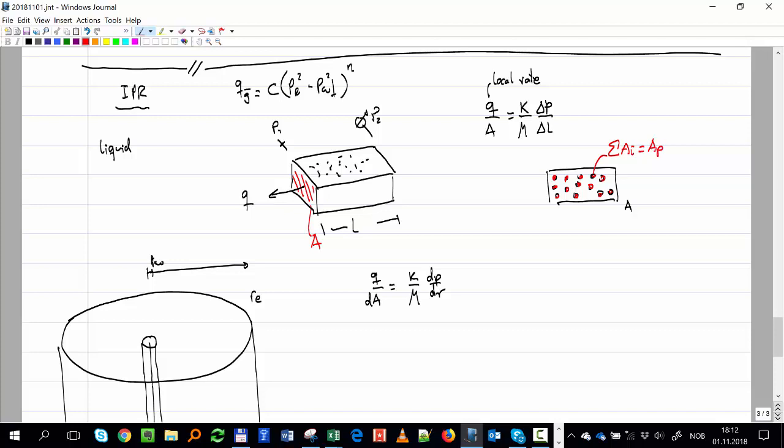To calculate the real velocity, you have to divide Q by the area of the pores, not by the full area. But in this case, we are dividing by the full area. So that's like a velocity, and we will see later that's also used for multi-phase flow. You divide by the whole area, even though the phase is not passing through the whole area, only through a section. Just keep that in mind.